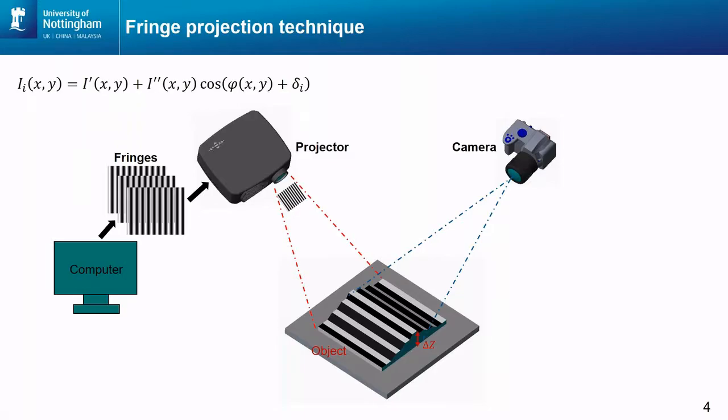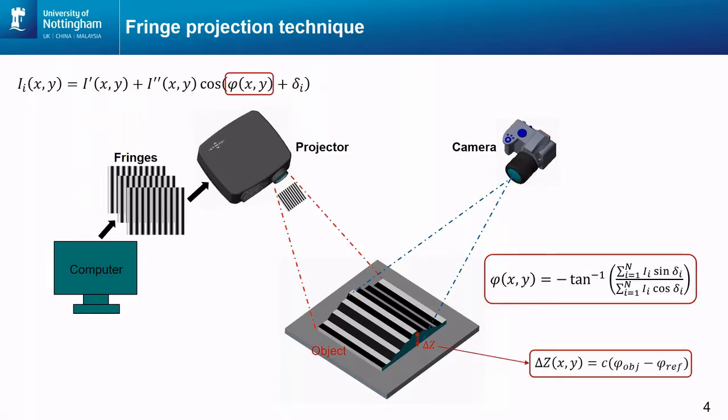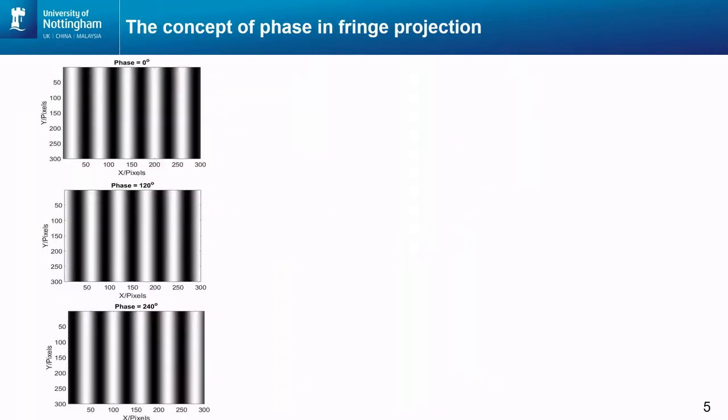Usually, the camera and projector are mounted in a triangular configuration. Since we encode information in terms of phase, we need to decode it, and there are specific protocols. Using those protocols and taking the phase difference, we get the height information through extensive image processing. So the phase has significant importance in fringe projection systems.